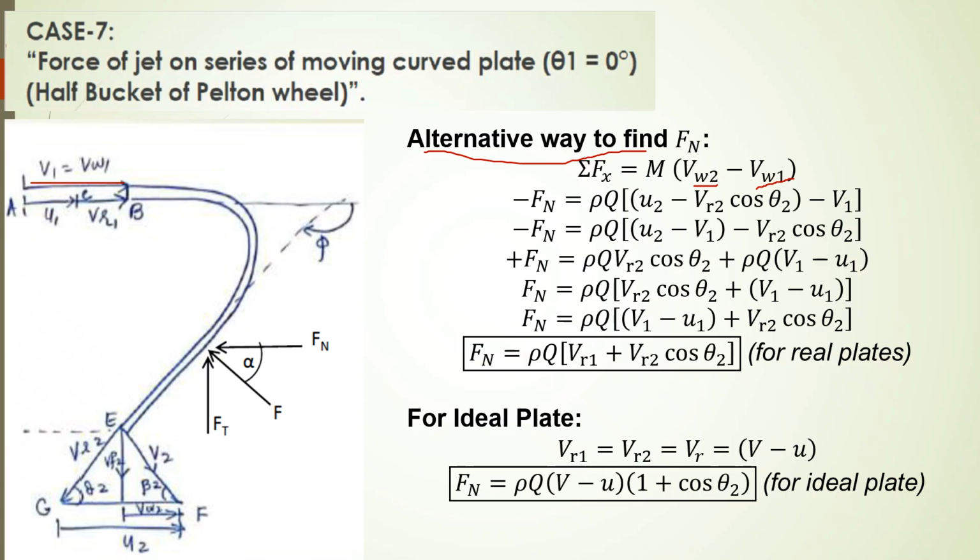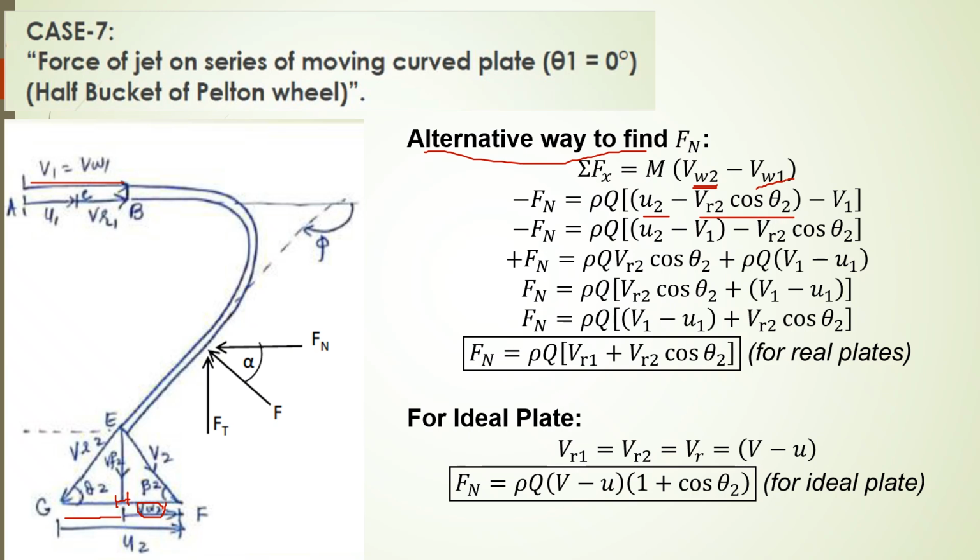But for the outlet, we have VW2. This VW2 can be defined as U2 minus GH. We have defined this point as H, so you have GF minus GH. That should be your VW2. Your GF is equal to U2 and GH is equal to the horizontal component of VR2.